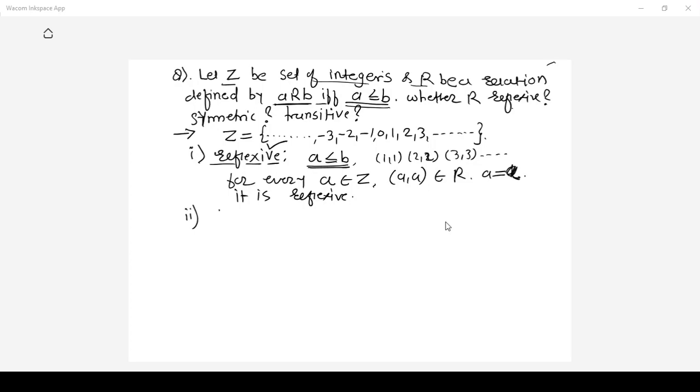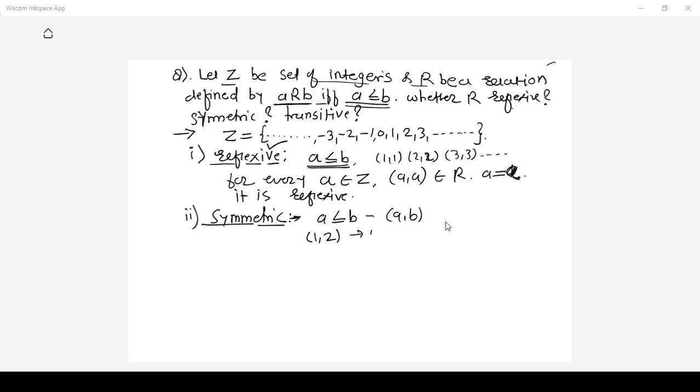The second property is symmetric. Now the relation is defined as A is less than or equal to B, then only you can write the pair (A, B). Like if I want to write the pair (1, 2), I can write it. Why?